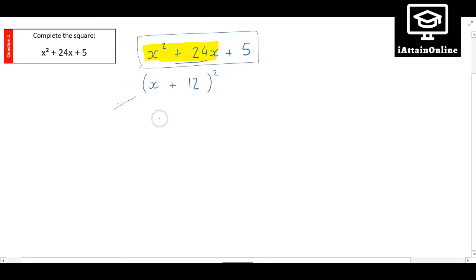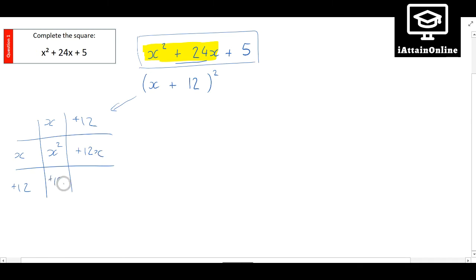If I were to expand that bracket, remember x plus 12 multiplied by x plus 12, if I use the method, this would give me x squared plus 12x plus 12x plus 144. So if I've simplified that, that would give me x squared plus 24x plus 144. Now you'll notice this bit here and this bit here are the same.